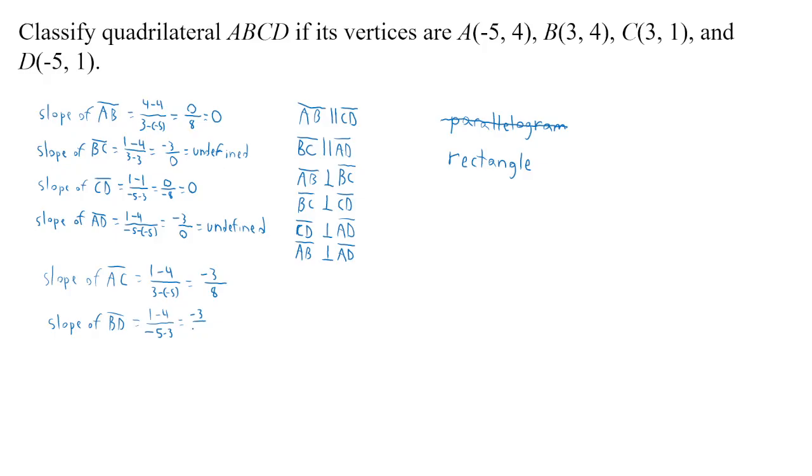Negative 5 minus 3 is negative 8, which gives you positive 3/8. So as you can see, the slope of segment AC and the slope of segment BD are not opposite reciprocals, meaning they are not perpendicular. They don't make a right angle. Therefore, quadrilateral ABCD is a rectangle.